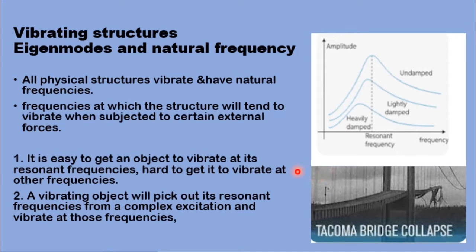A vibrating object will pick up its natural frequency from complex excitation frequencies and will vibrate at this particular natural frequency, sometimes with a disastrous effect, like what happened to the Tacoma Bridge when it collapsed after picking up one of the components of the wind and vibrating at its natural frequency to a disastrous end.